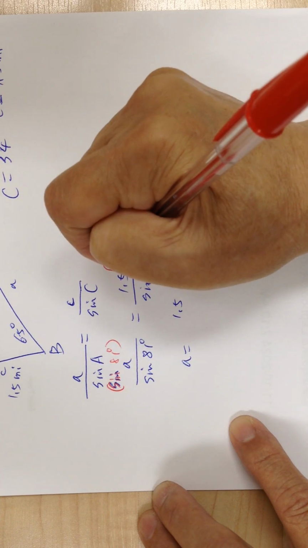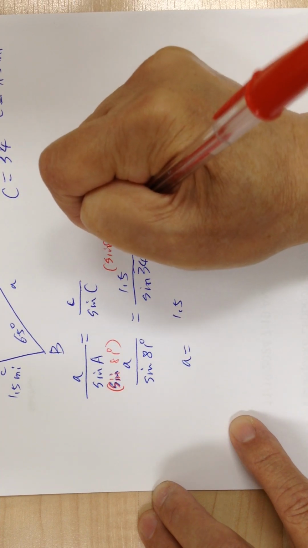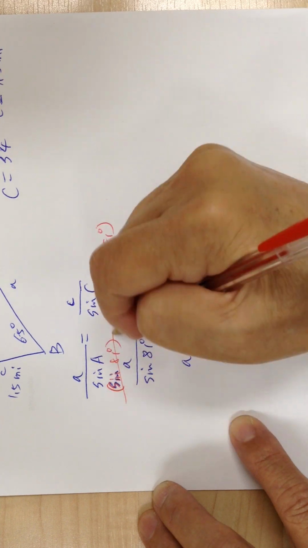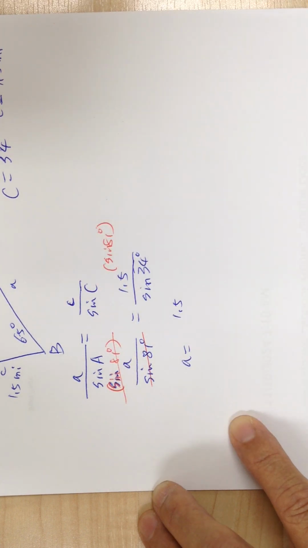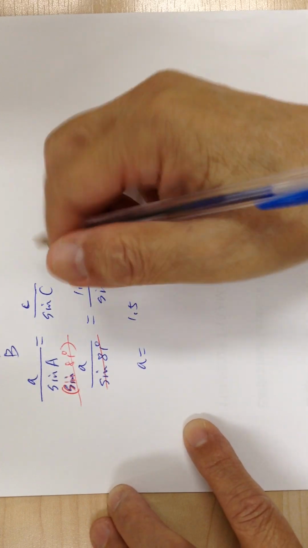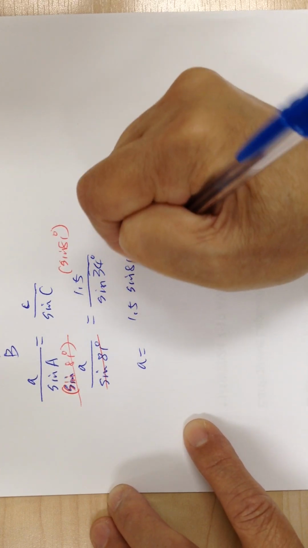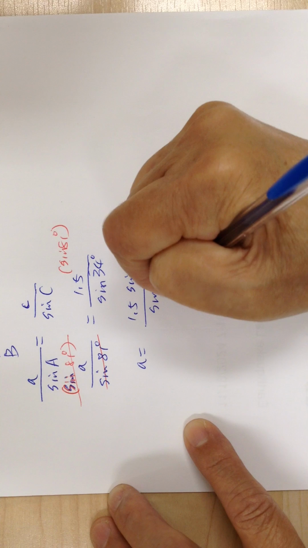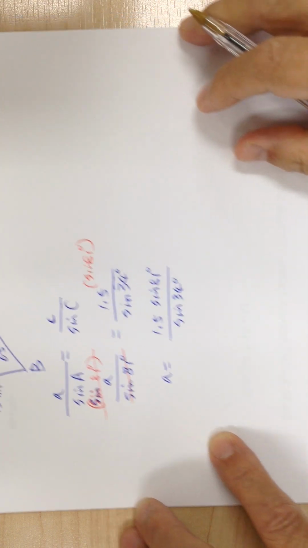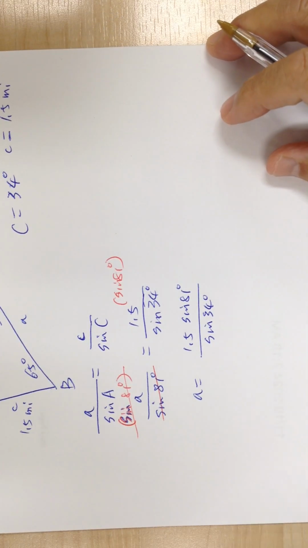So multiply both sides by sine of 81 degrees, so that this can cancel with that. You're going to end up with 1.5 sine of 81 degrees over sine of 34 degrees. Now you get your calculator.